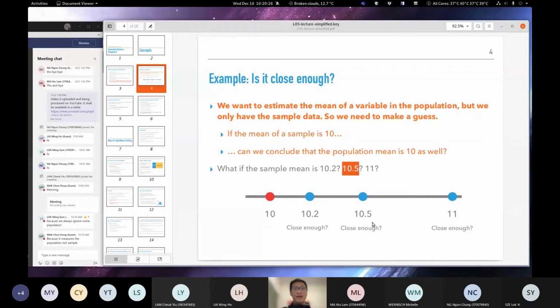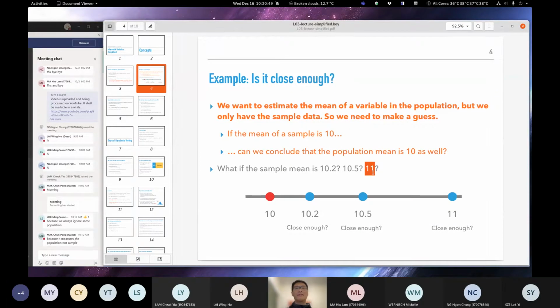Okay, so to determine this, basically we are trying to see, is this number close enough to the number 10 here, to the answer that we want to check. Now 10.2 might be close enough, 10.5 might be further away, but some people might still think that it is close enough. But how about another case?